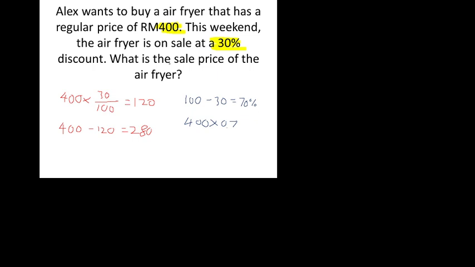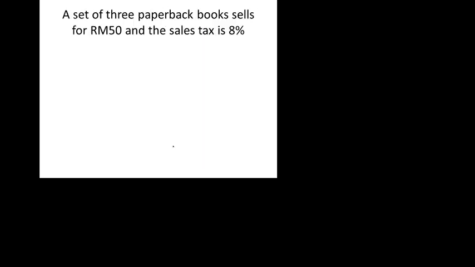Why 0.7? 70 divided by 100 you get 0.7, because we want to change to decimal. Then you straight away get 280. So you can use either the red method or the blue method, up to you. Just use one of them is enough, whichever you prefer.